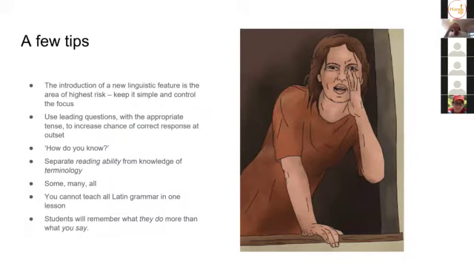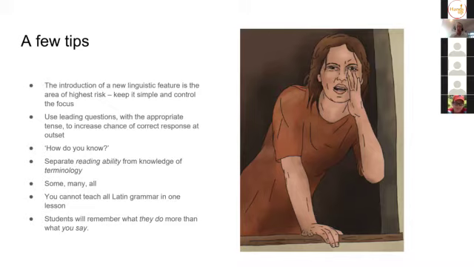So a few tips then before we move on. When you're introducing a language point for the first time, that is the point to really do all your planning really carefully. What exact questions am I going to ask about this particular sentence or particular statement that is going to lead the student to say what I want them to say?